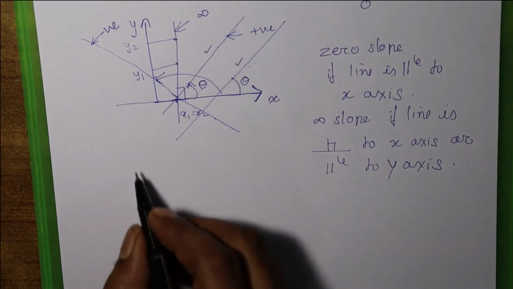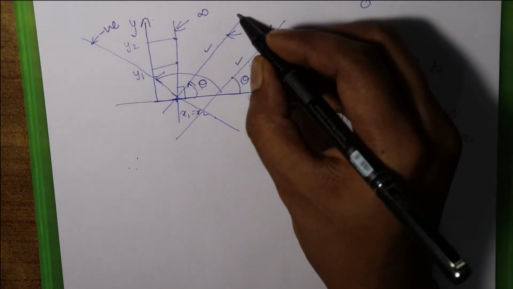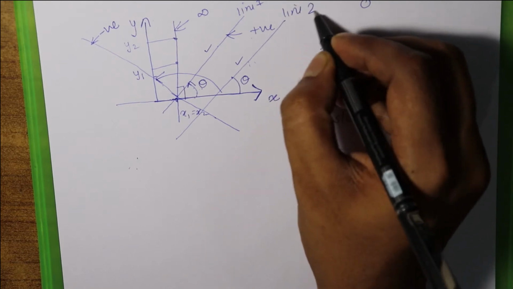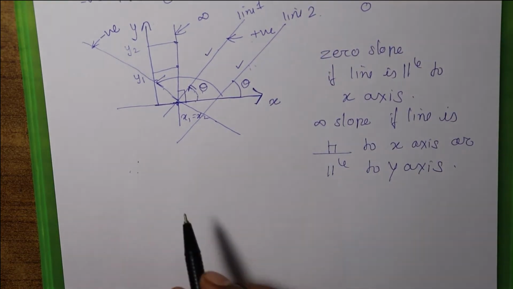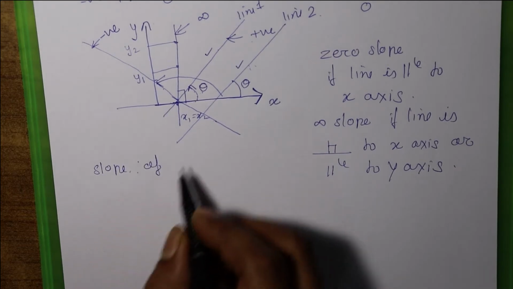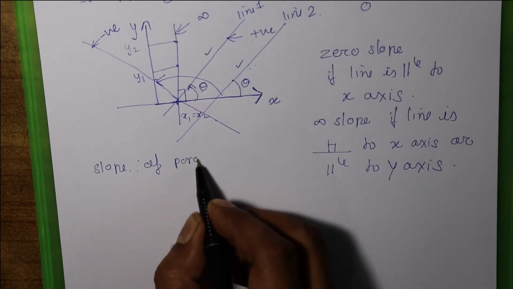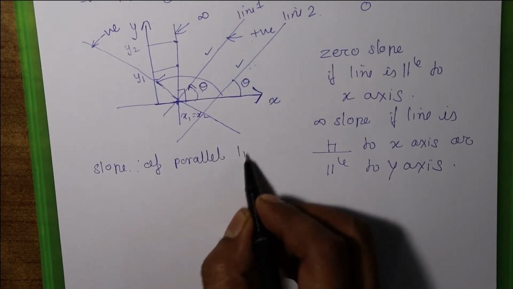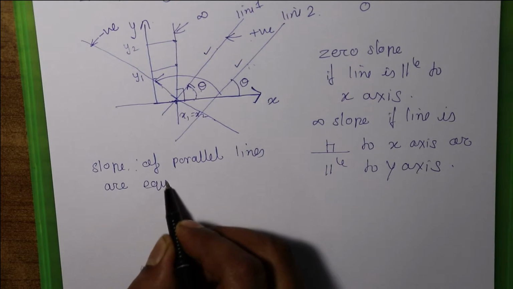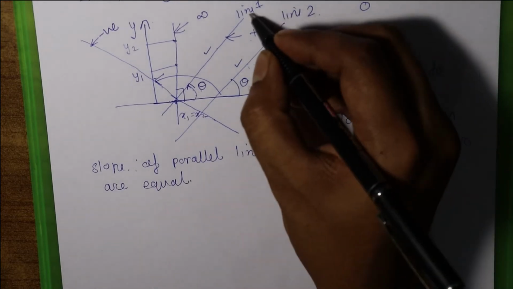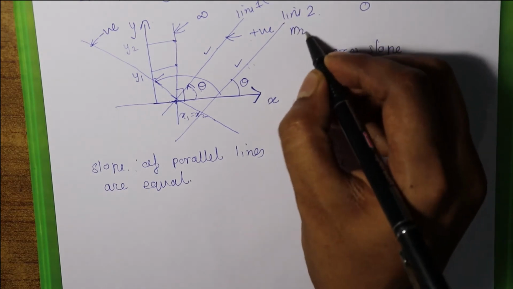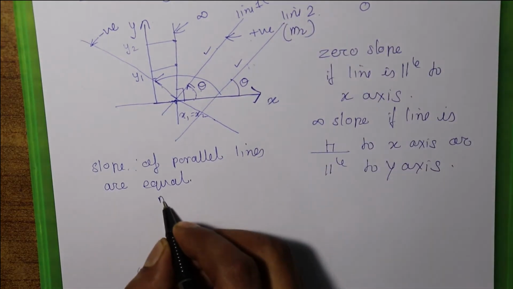So let me take them as line 1 and line 2. The slopes of parallel lines are equal. Line 1 has a slope m1 and line 2 has a slope m2, which can be represented as m1 equals m2.